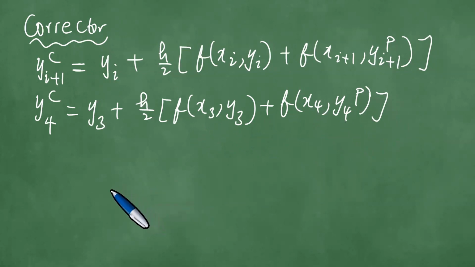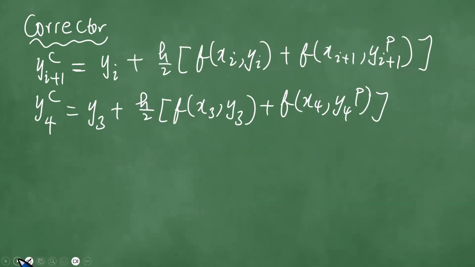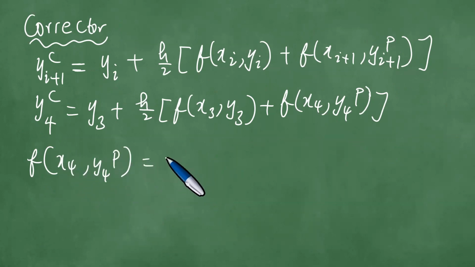Now we have this. You already have the y4 predictor and everything, so we can substitute. Let's get some of the values. X4, Y4 predictor, what is it?